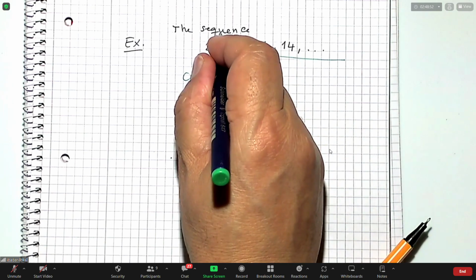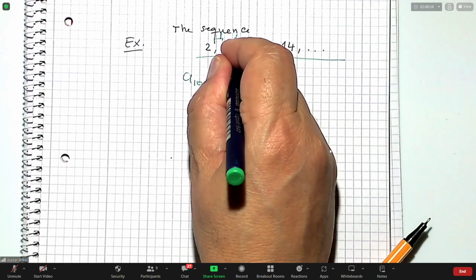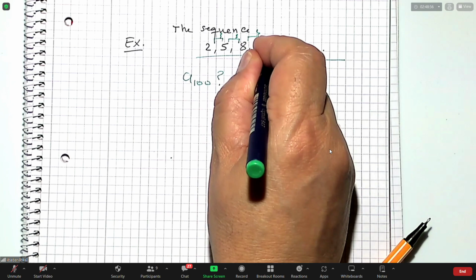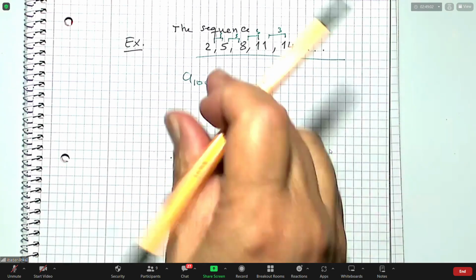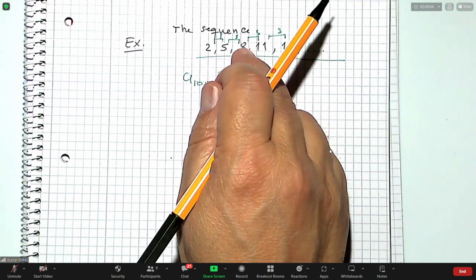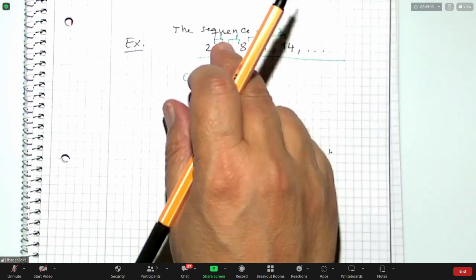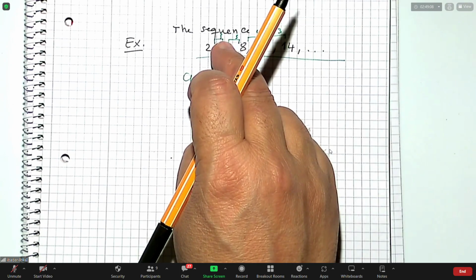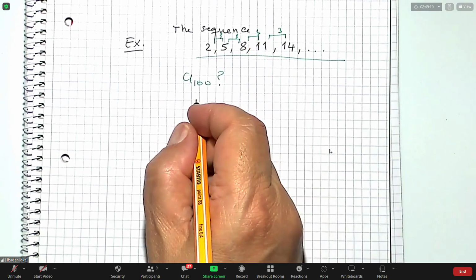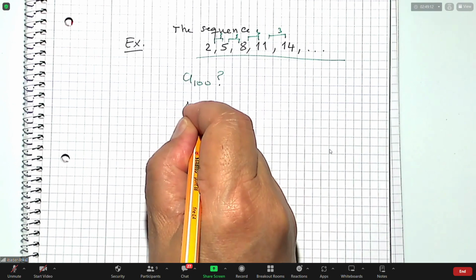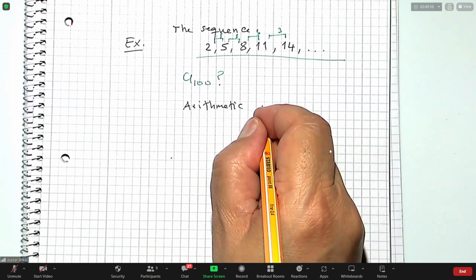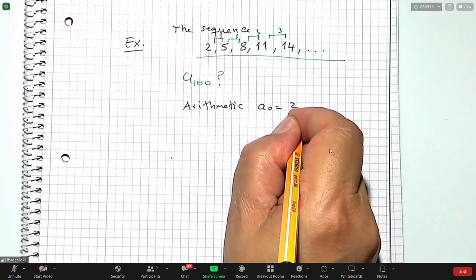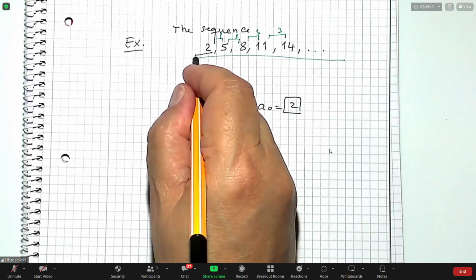Here you have 3, 3, 3. If you divide the next term by the previous and you get a constant, it is geometric. So it's obviously arithmetic.